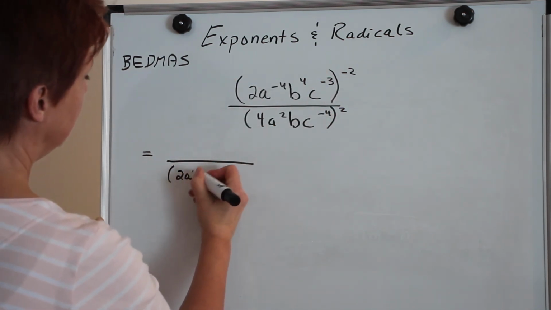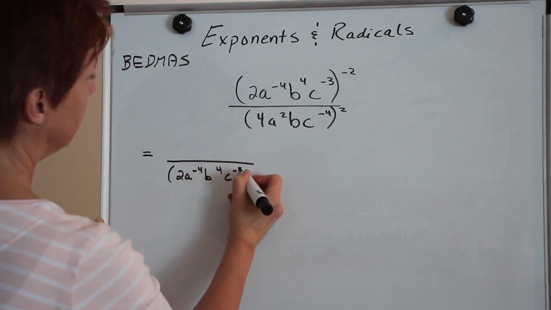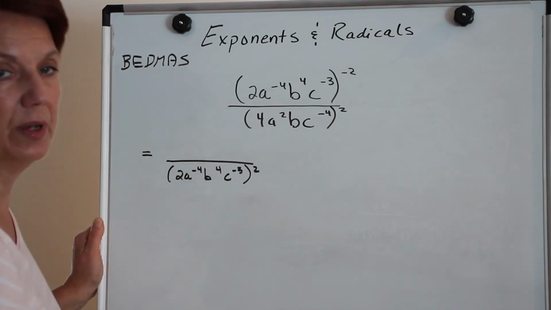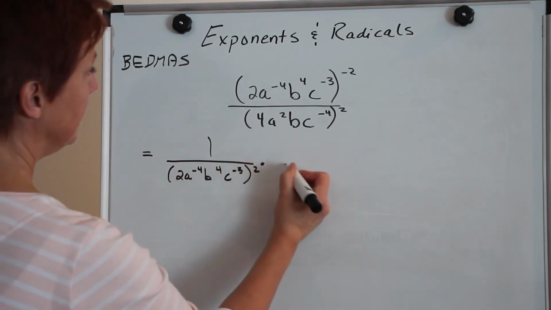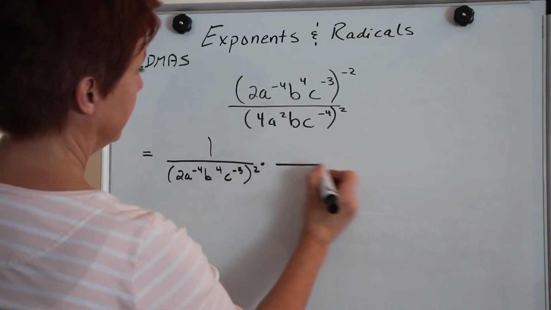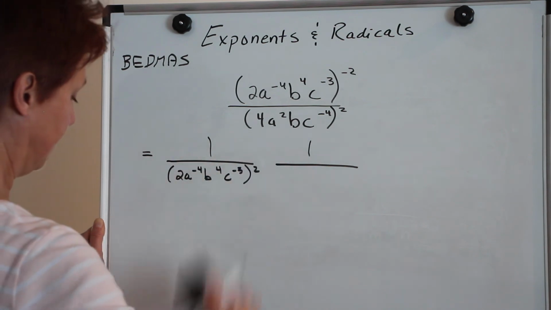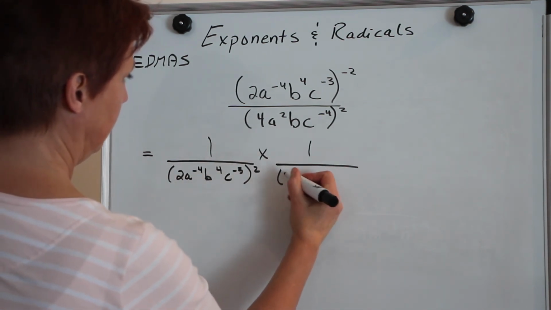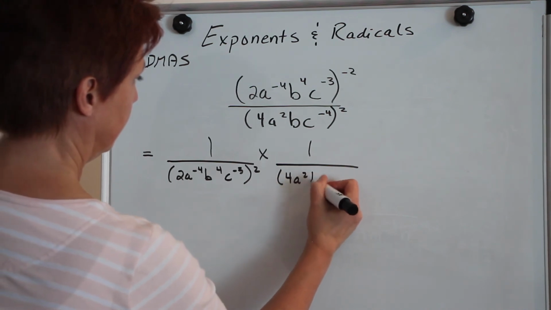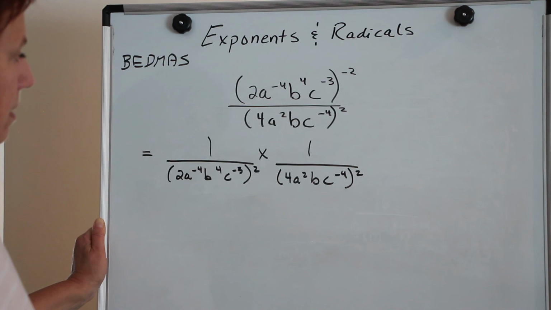So then you would have 2a to the negative 4, b to the 4, c to the negative 3 to the power of 2. And that's just on 1. And then that's times this stuff, which is also on 1. Okay, I think this is the best way to deal with this question.